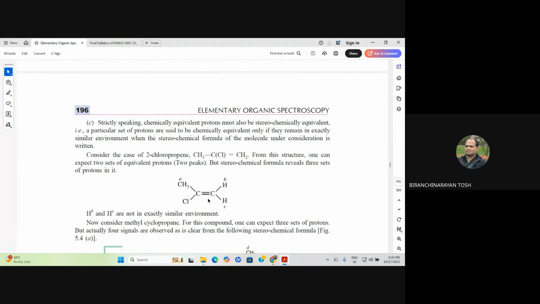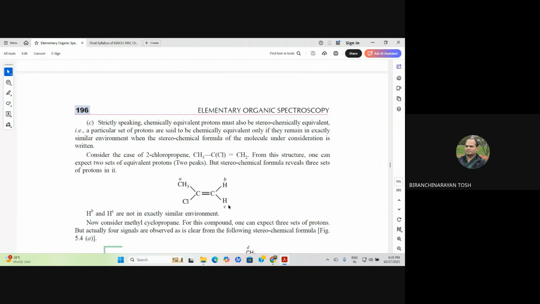Similarly, if you consider this one, 2-chloropropene. You can see here, this is one type of proton, and these two hydrogens which are attached to the carbon double bond are different because this one is cis to chlorine and this is trans to chlorine.